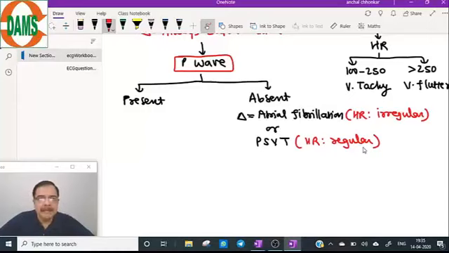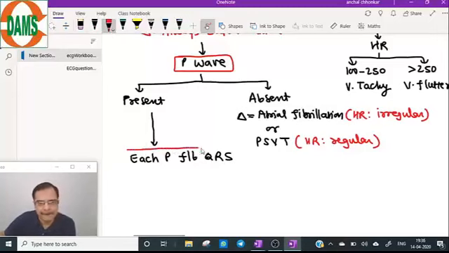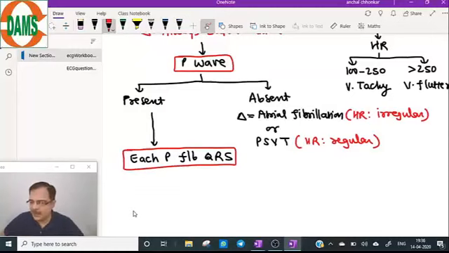Now, if the P wave is present, we come to the final step, step number 3. So there are only 3 steps. If the P wave is present, we will assess whether each P is followed by QRS.